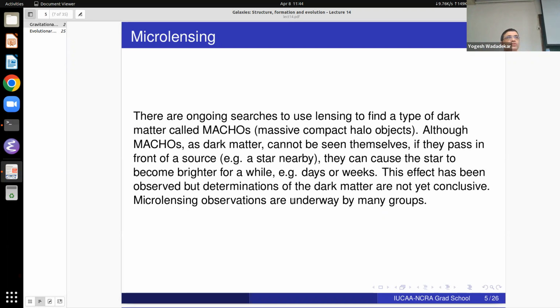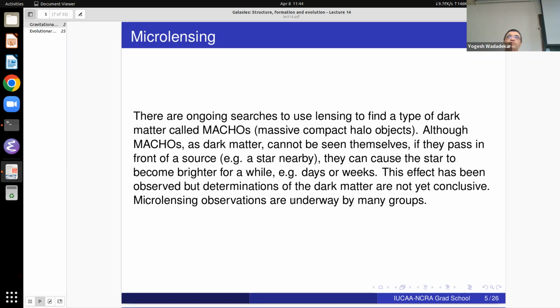For example, there could be brown dwarfs, which unless you observe them with sensitive infrared telescopes, you will not see them. Or they may be Jupiter-like giant planets. If they are just floating around, away from their parent stars, then if there are thousands of Jupiter-like planets all floating around here and there, they will not emit anything, but they definitely have mass.